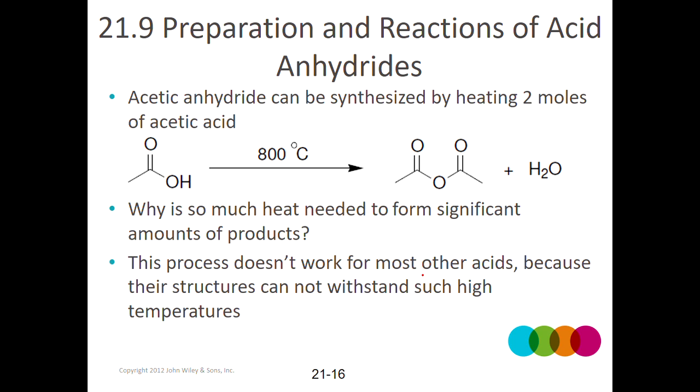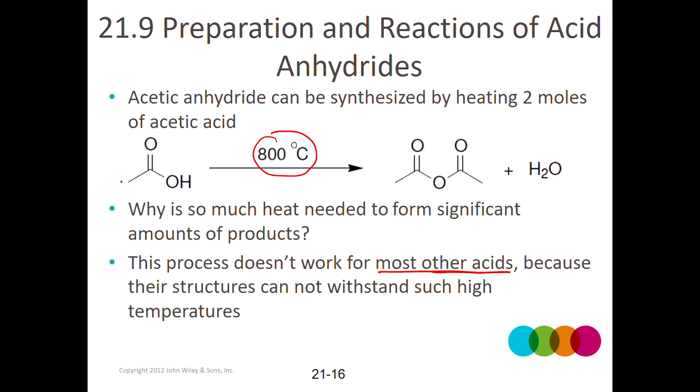Next, the carboxylic acid derivative we want to focus on a little bit is the anhydride. Sometimes anhydrides are formed through a dehydration reaction at elevated temperatures, but this really is not very practical because the temperature is too high for most molecules.